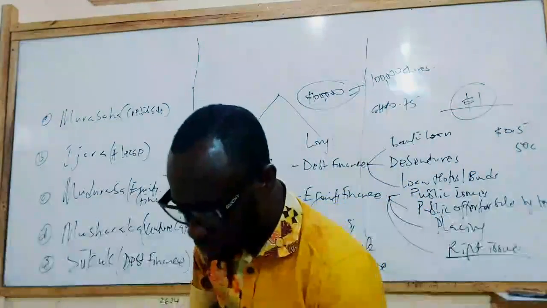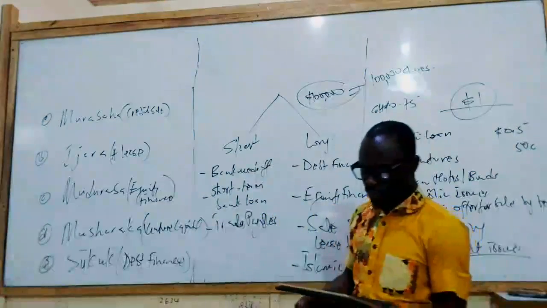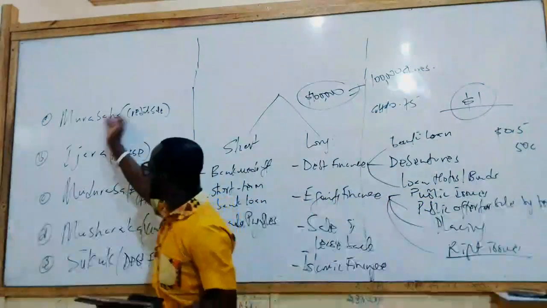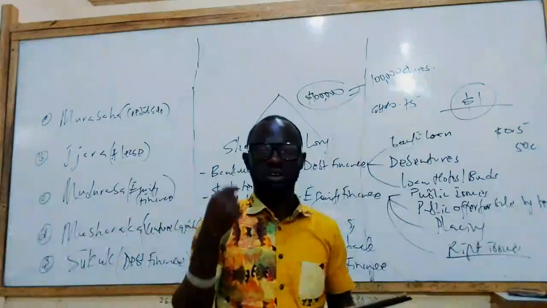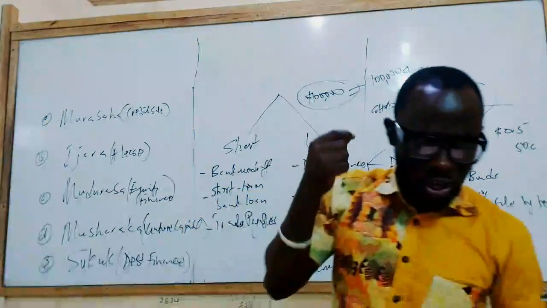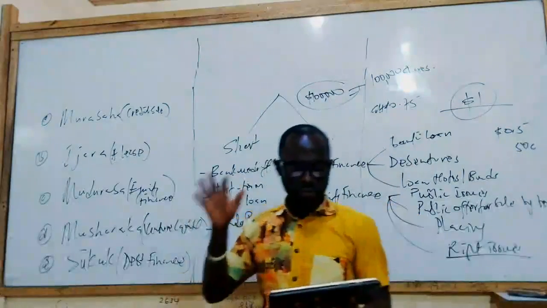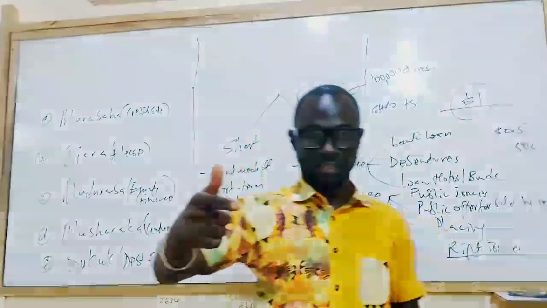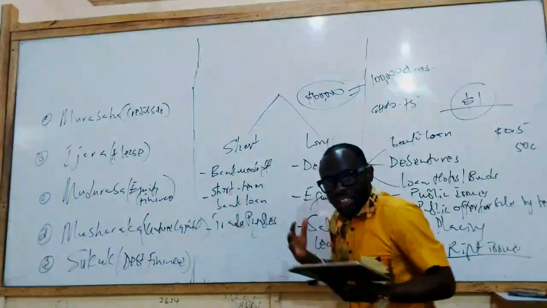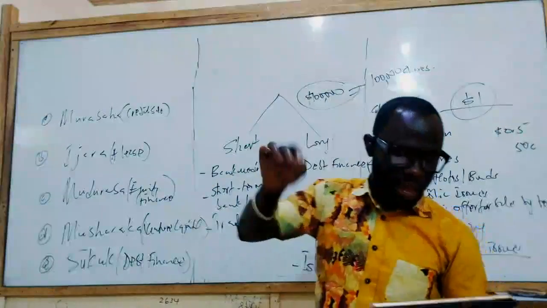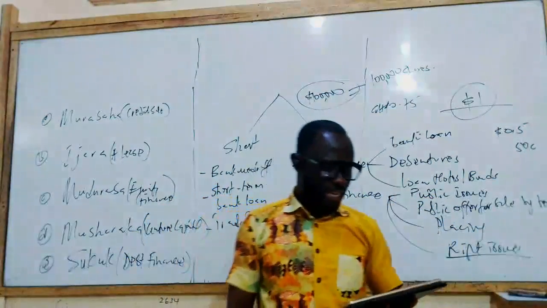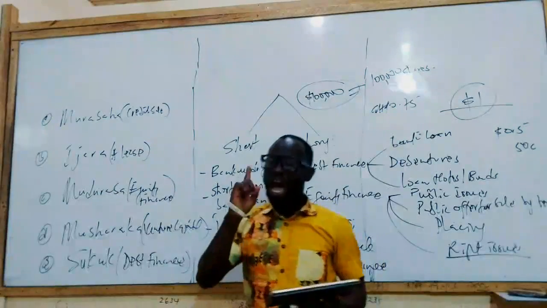What are they? So let's take their definition. Murabaha, like I said, is effectively like what? Credit sales. So this is where the customer receives the goods but pays for them later on a fixed date.